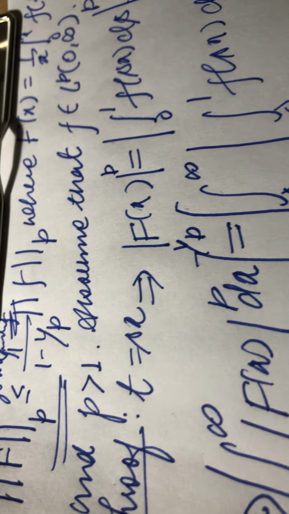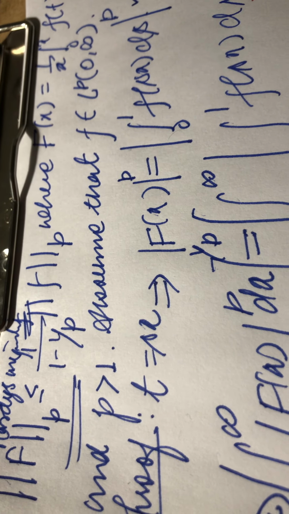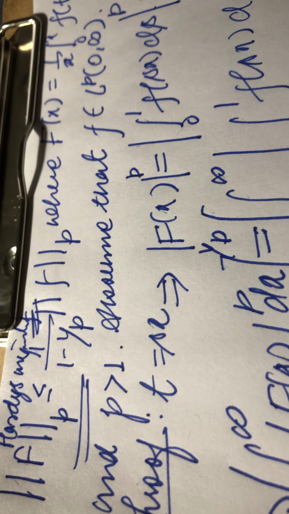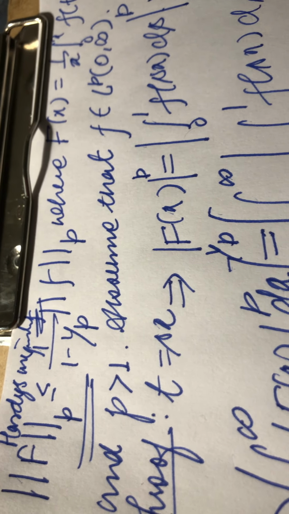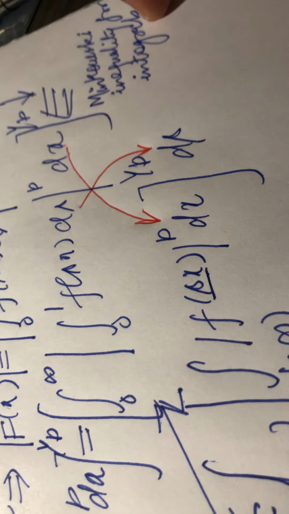And that is very important for normed spaces. So the norm of f plus g should be less than or equal to the sum of the individual norms of f and g. That inequality is called Minkowski inequality for normed linear spaces. And here we used Minkowski inequality for integrals.